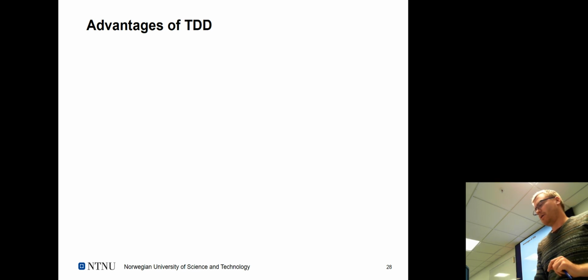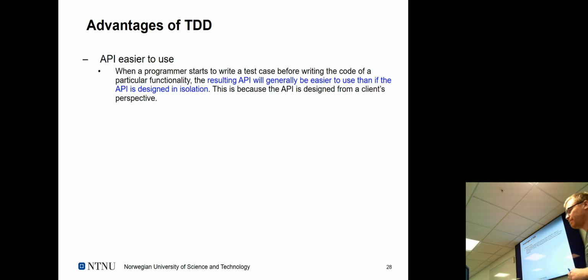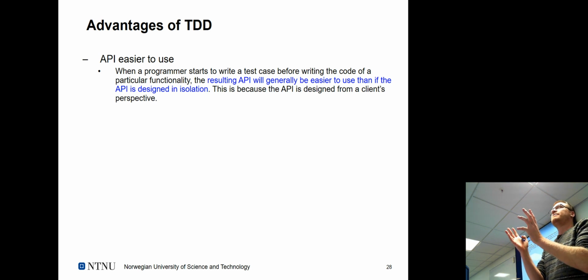Roughly it, right? Another side effect is that you think about the API before implementation. By writing a test, you're implicitly writing the API as well, because you're writing the API of your program for testability. So, how can I test this functionality in isolation? That means you structure your API and your code accordingly.